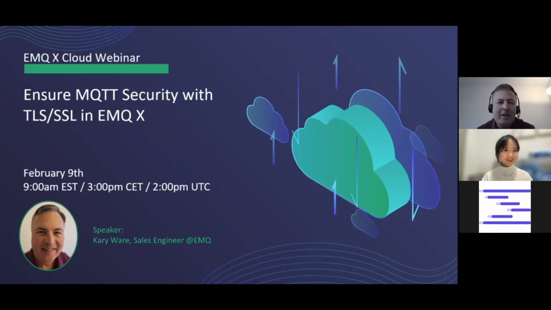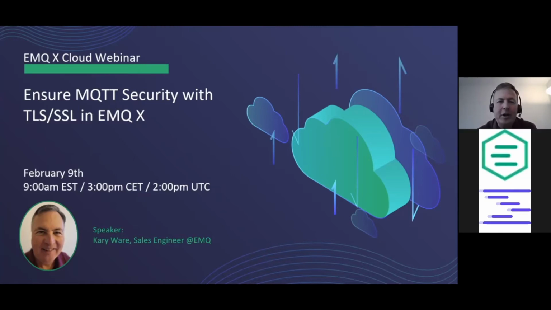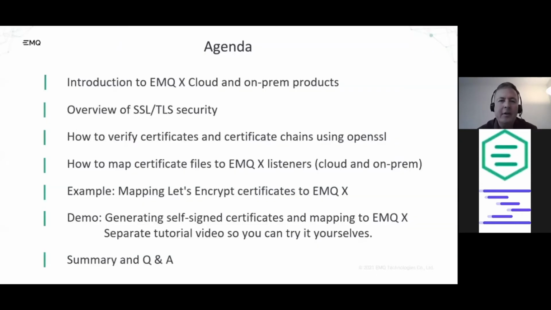Thank you very much. Hello, everyone. So today I'm going to show you how you can ensure MQTT security with TLS and EMQ X. So here's the agenda. First, I'll give an introduction to EMQ X products, both cloud and on-prem. Then an overview of TLS security and how to verify certificates and certificate chains using OpenSSL.